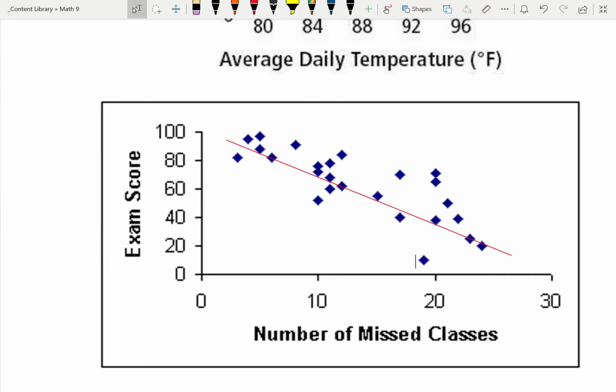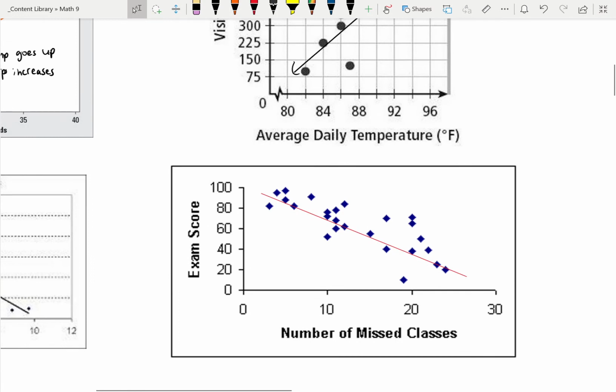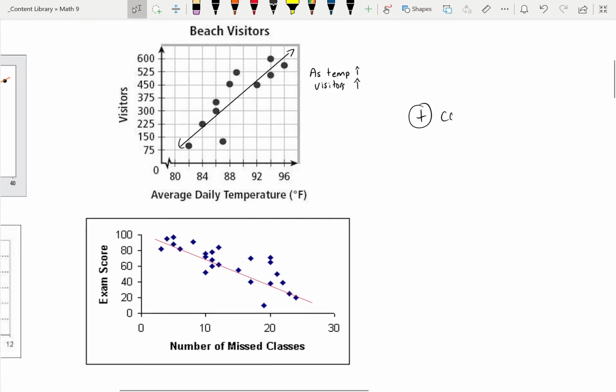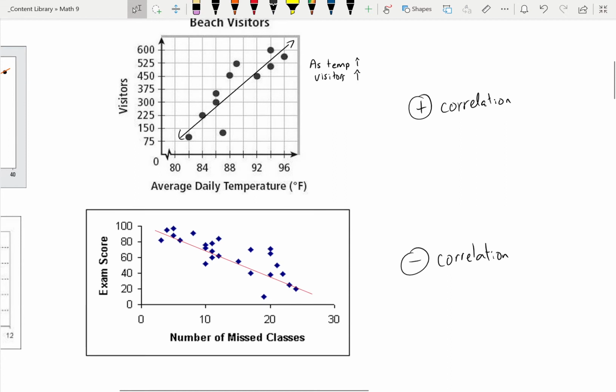So we can have positive correlation, we can have negative correlation, but one of the other things we can talk about is we can also have what's called strong or weak correlation.